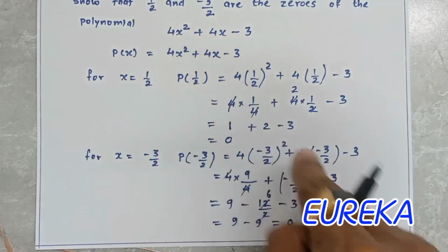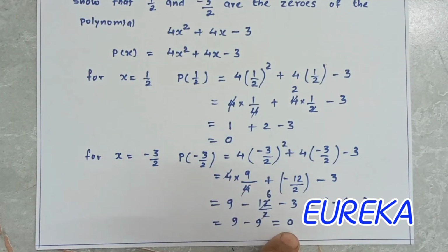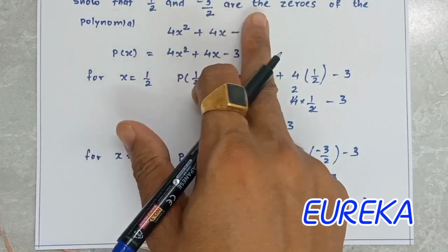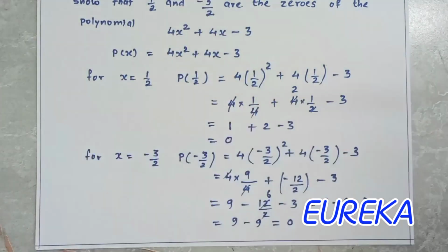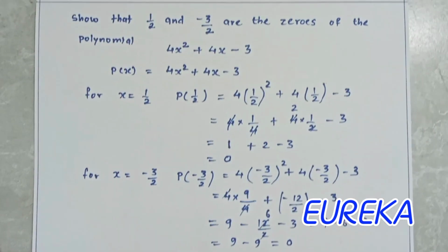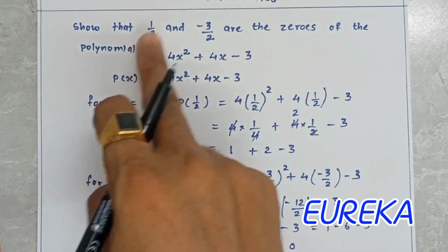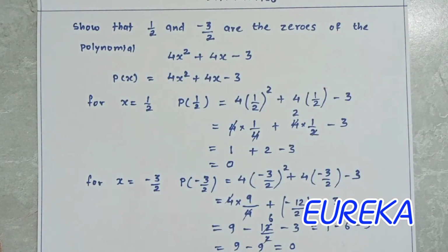If on substitution the value comes out to be 0, then we say that 1 by 2 and minus 3 by 2 are the zeros of the given polynomial. Is it very clear?